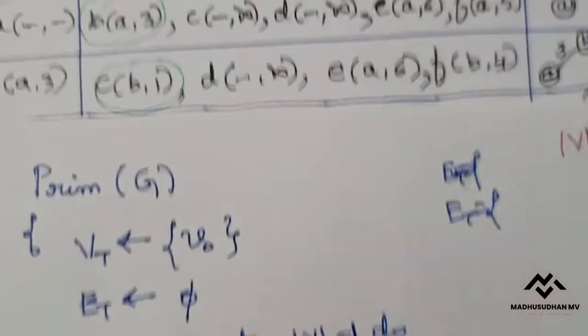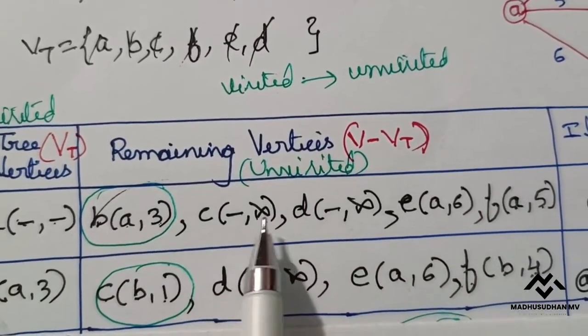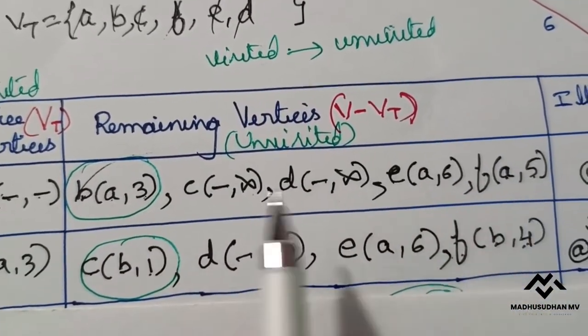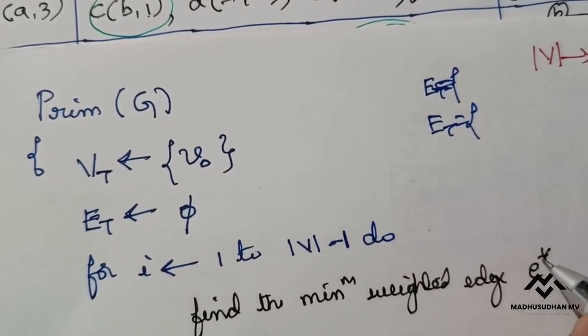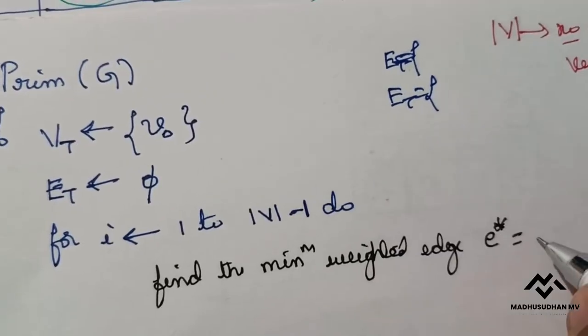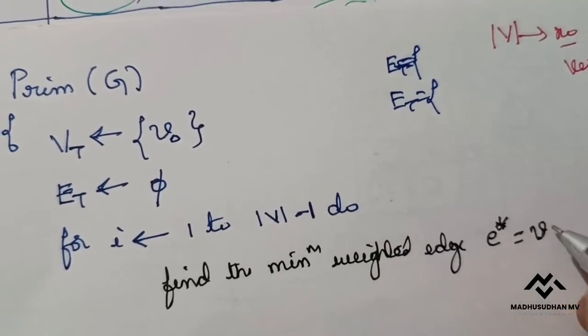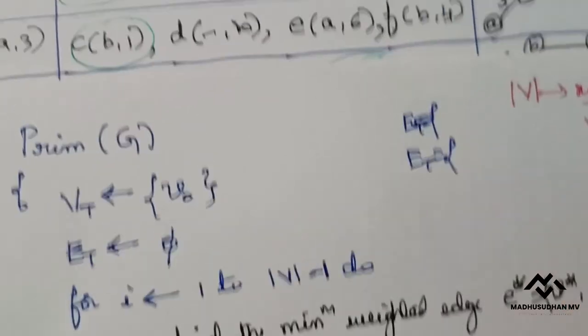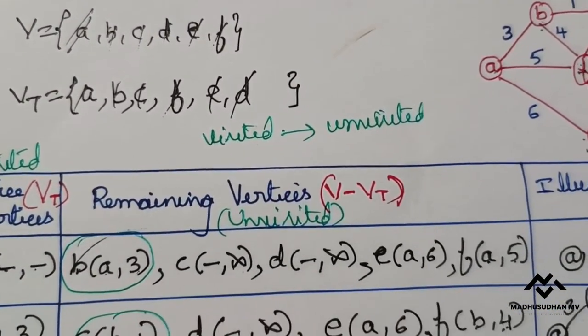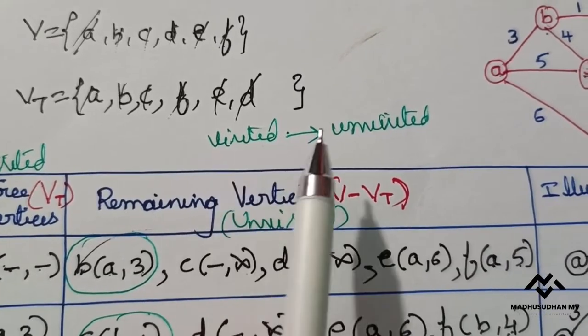See, this is what we did. We found the minimum among 3, infinity, infinity, 6, 5: the minimum weighted edge. Find the edge, which I will say is E star equal to V star comma U star. Whenever we are moving, we need to move from visited to unvisited.